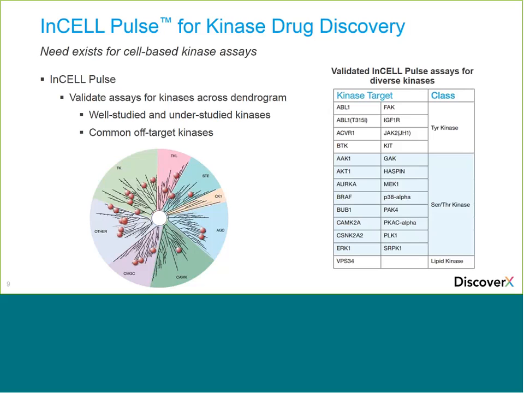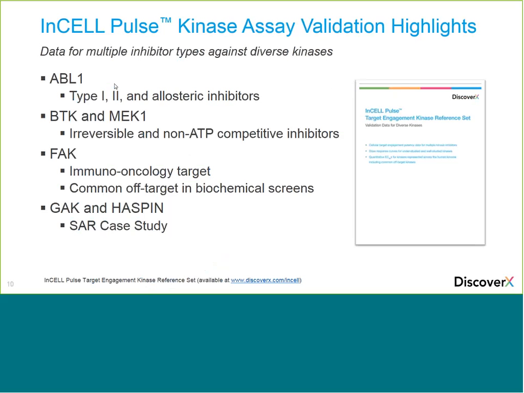So I'm going to go through briefly some kinase assay validation data that we've collected using InCELL Pulse, just to show that the technology is robust and works across diverse kinases and inhibitor types.